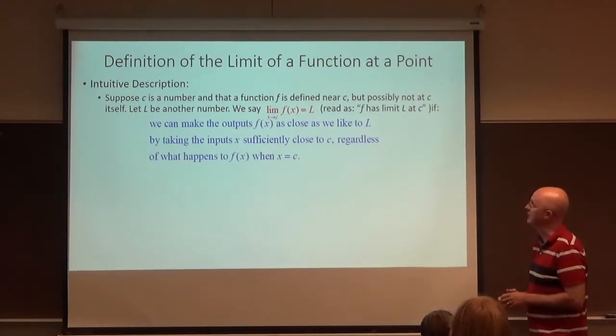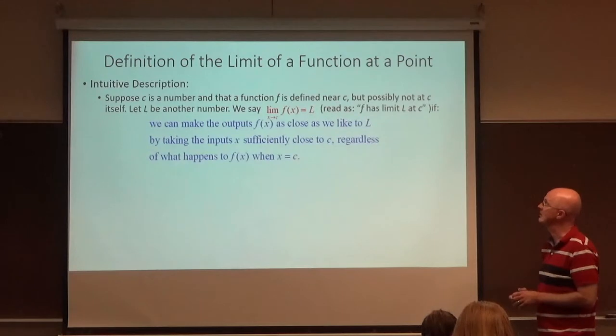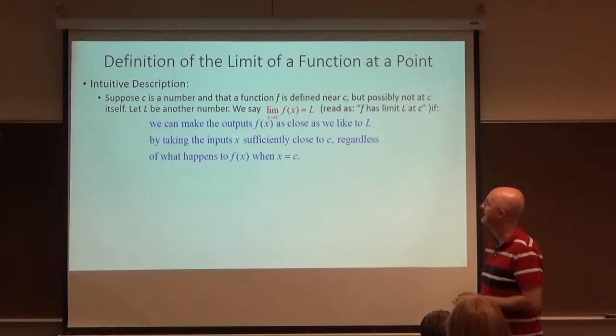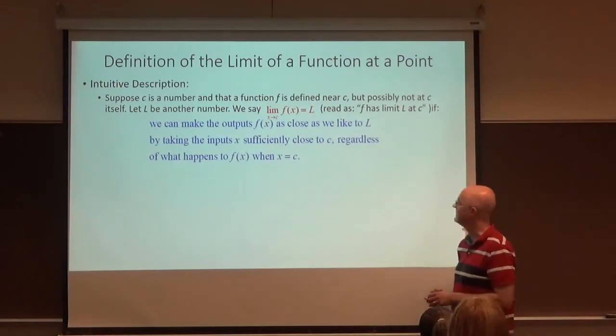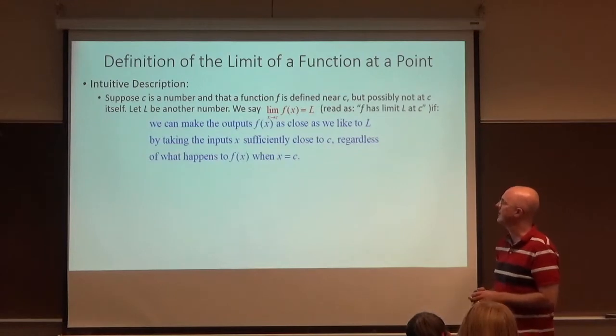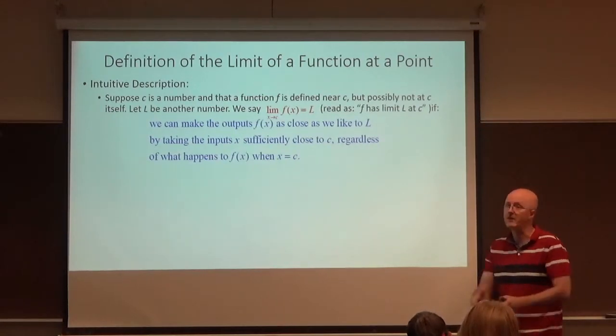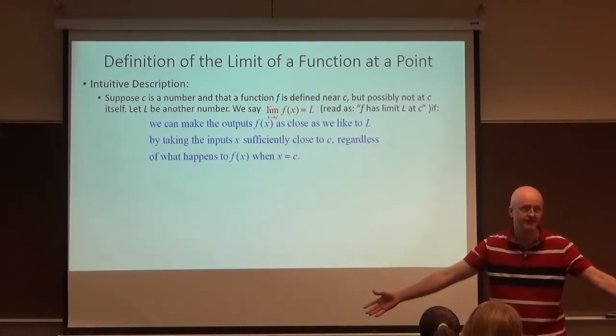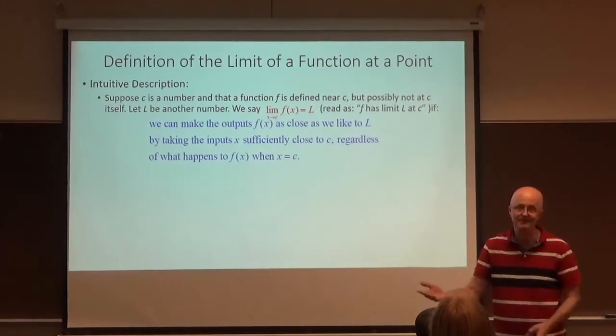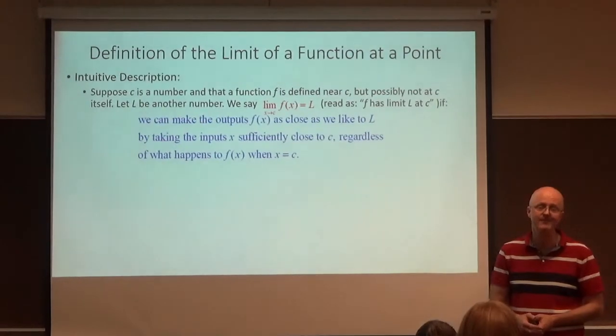This limit will be true if we can make the outputs f of x as close as we like to L by taking the inputs sufficiently close to C, regardless of what happens to the function f of x when x equals C. The function might not even be defined at C. It could be a hole in the graph. And again, that's important. We'll see that's important today.